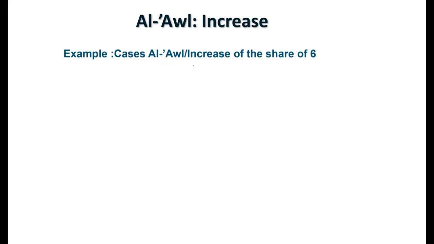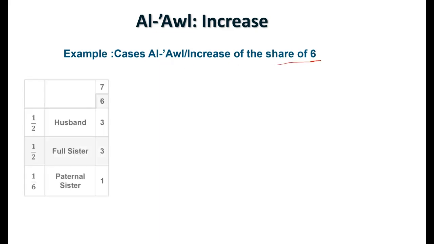Example of cases of awl when it comes to the share of 6. So number 1, we have a husband, full sister, and paternal sister. The wealth is initially divided from 6. So when everyone is given their share from 6, we cancel the 6.